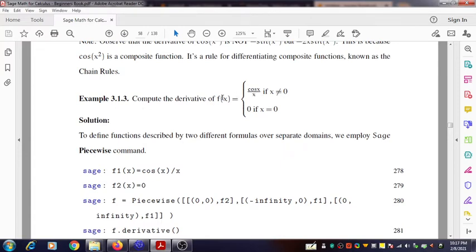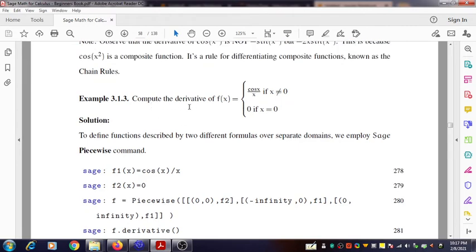You can see the function f(x) is defined as cos x by x if x is not equal to 0 and equal to 0 if x equal to 0, which means otherwise it's equal to 0. I repeat, f(x) equals cos x by x if x is not equal to 0 and equal to 0 if x is equal to 0.